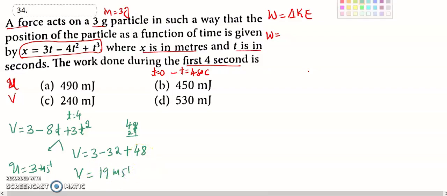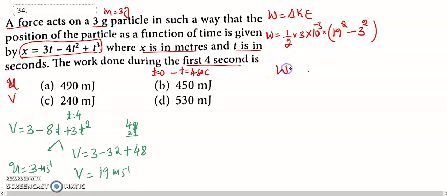So the work done is equal to 1 by 2, m is 3 gram, so 3 into 10 to the power of minus 3, into final velocity squared minus initial squared: 19 square minus 3 square.